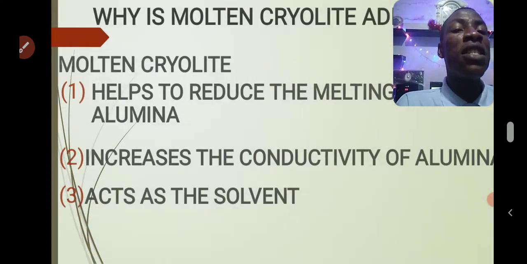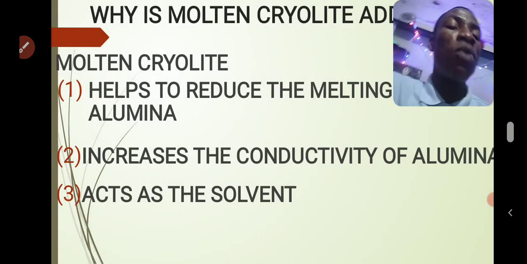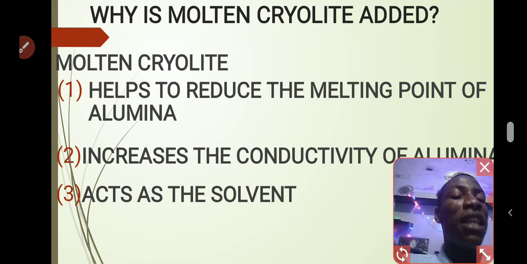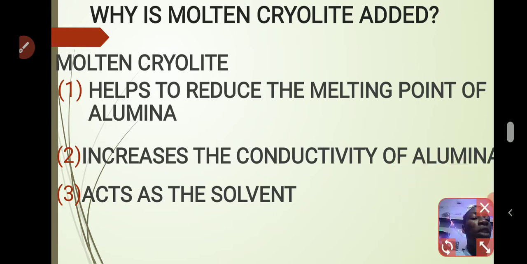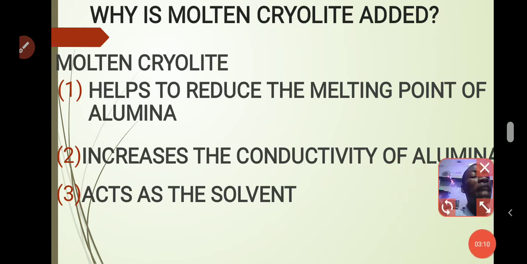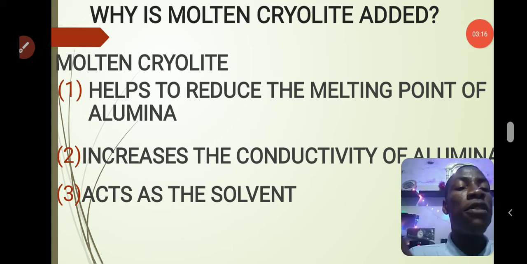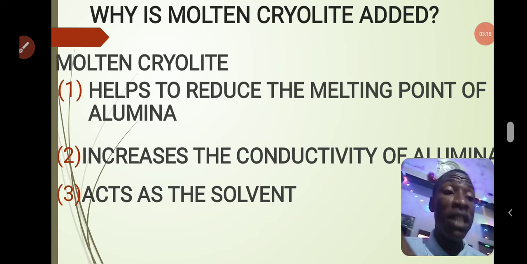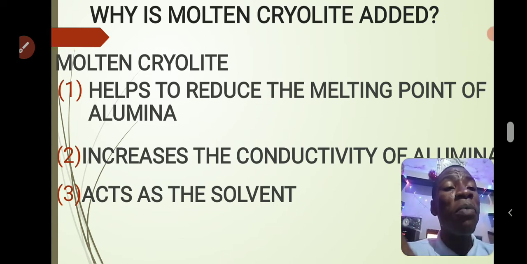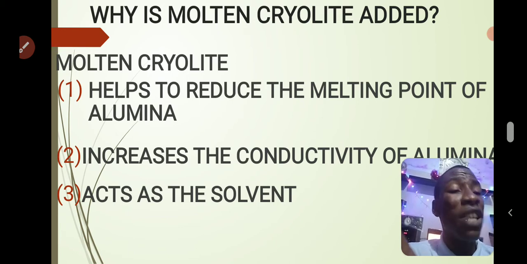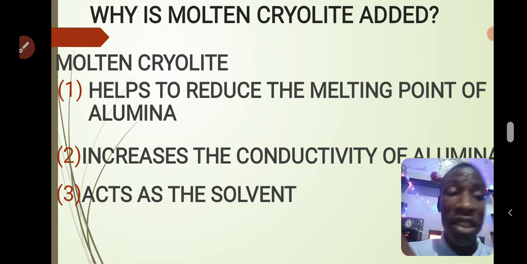The question is, why do we use molten cryolite? What's the purpose of molten cryolite in extracting aluminium? We use molten cryolite to reduce the melting point of aluminium oxide. It is very expensive to keep aluminium oxide molten because the melting point is above 2000 degrees Celsius, around 2019 degrees Celsius.